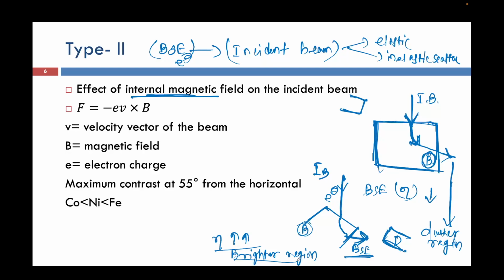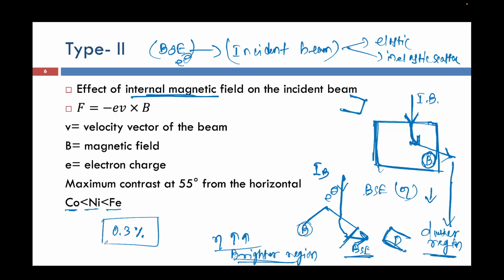And remember, the maximum contrast that I will get here is almost, if I am talking about cobalt, nickel, or iron, between this bright region and this darker region, in terms of percentage, the maximum contrast in a strong iron magnet is 0.3%. That means it is very, very less.